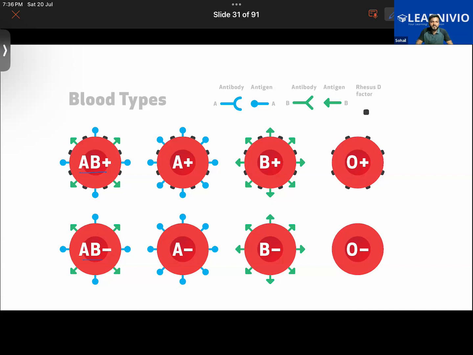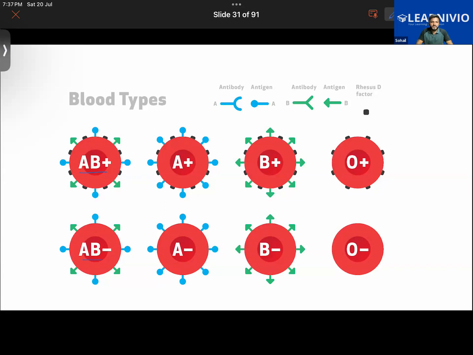Likewise, look at the other blood groups also. What difference do you find? Like in each of the column, this column, and this column. Yes. In the plus, the Rh D factor is there, and in the minus it is absent. Very good observation. Okay, now others are also able to notice this.